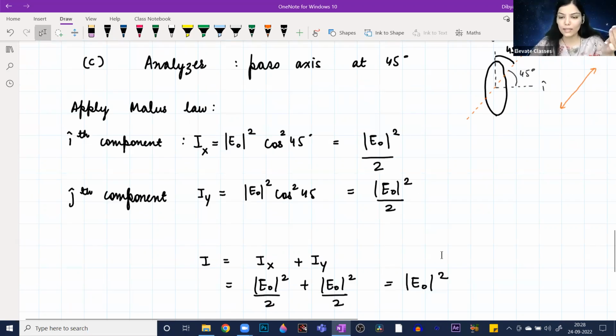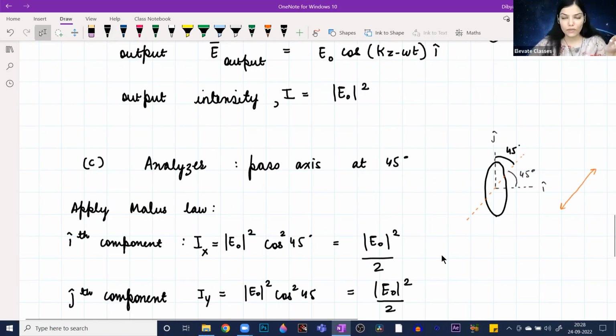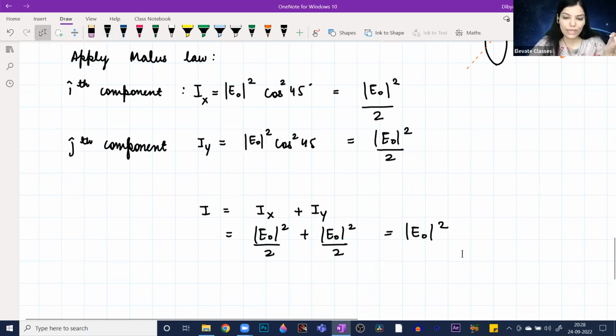We can also check it for any other angle, like 60, 30. So you can try that at home and you will check that each time you will get E naught square as the output intensity.